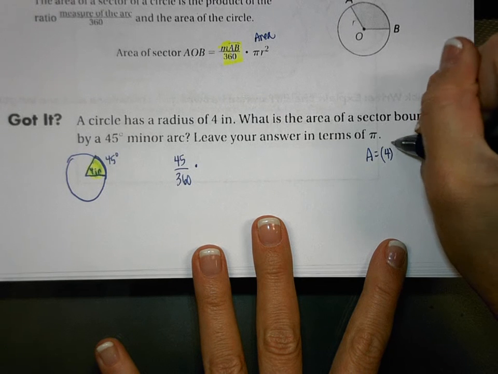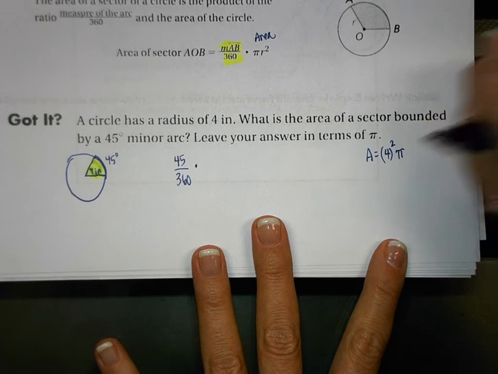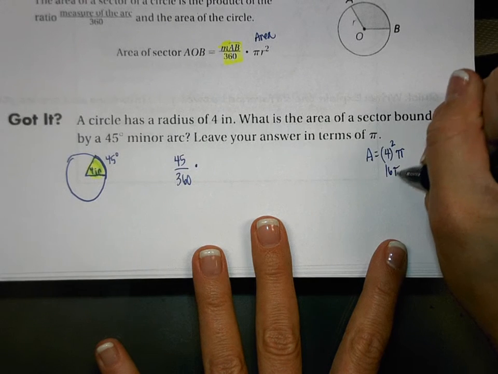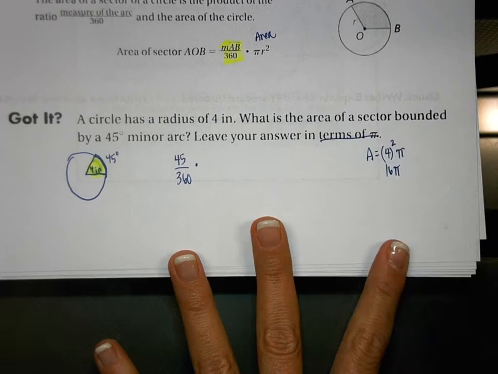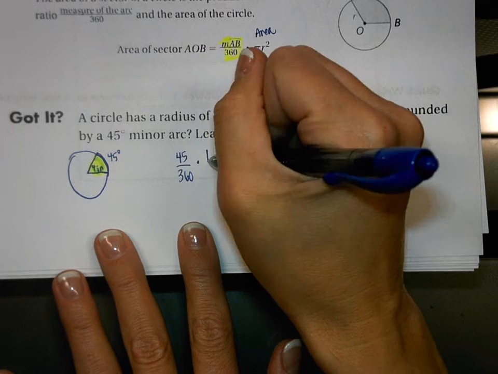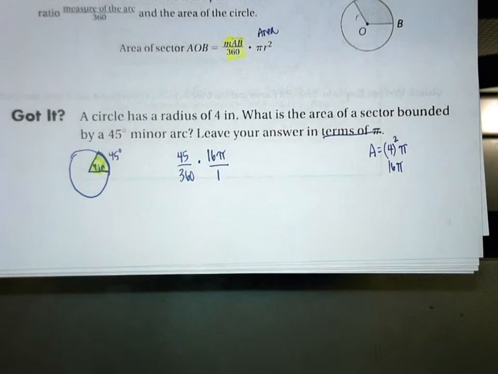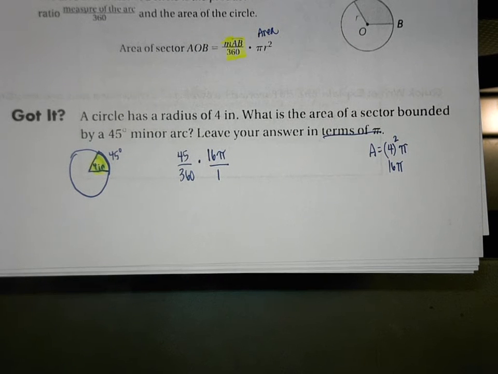So 4 squared times pi. What's 4 squared? 16 pi. So my area is 16 pi. They told us to leave our answer in terms of pi, so I'm going to go over here and go times 16 pi. And remember yesterday we said we could put that over 1 just so we could visually see what was on the top of the fractions and what was on the bottom. And then we can reduce, or you can divide and multiply, however you want to do it.